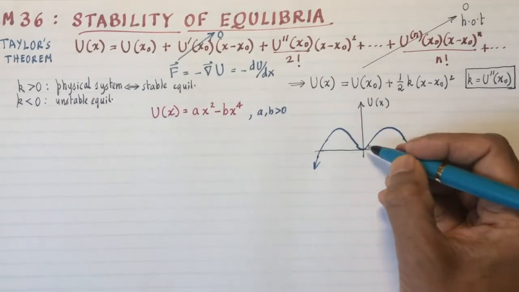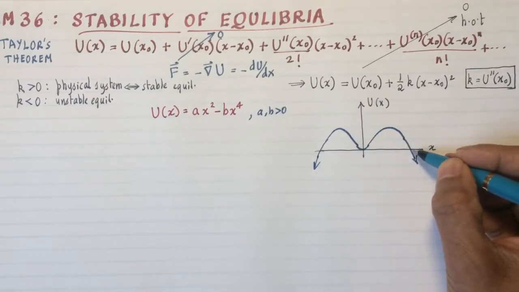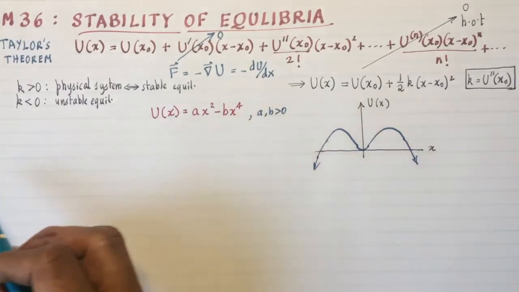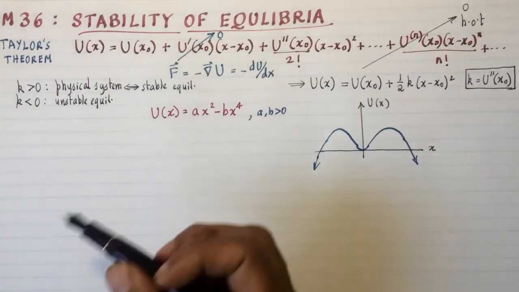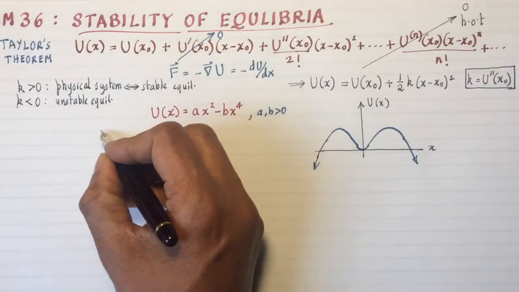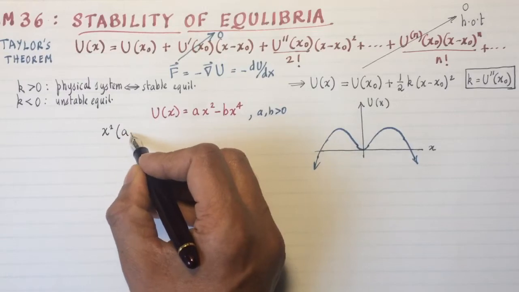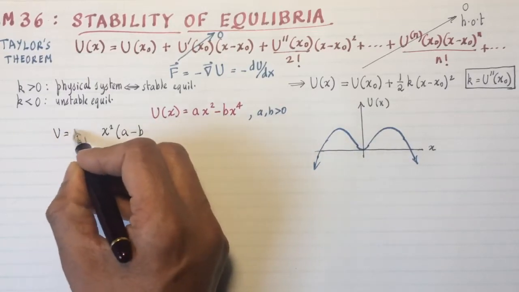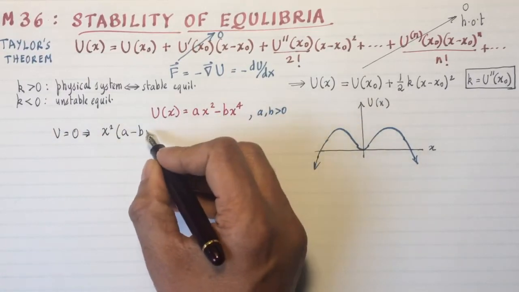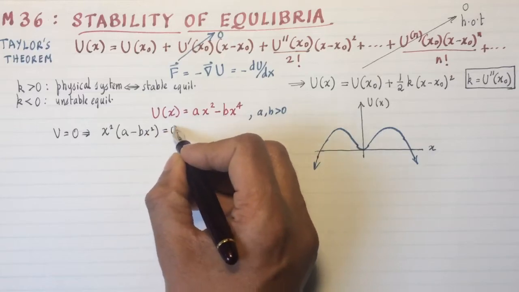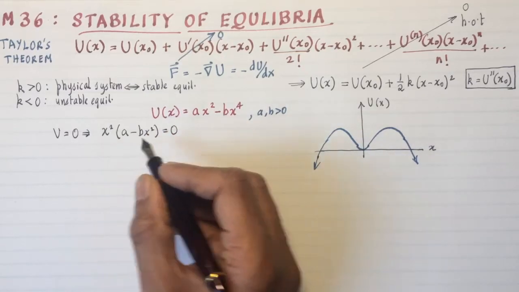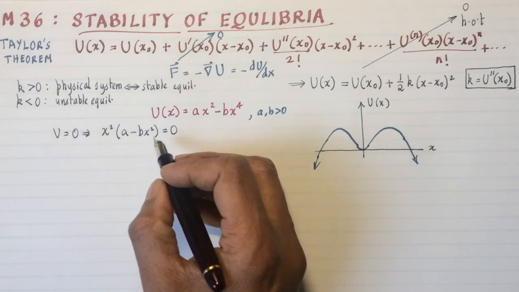So all this we got by just examining the asymptotic behavior of this potential. The exact values where it plunges to 0 can be found by simply solving the equation U equals 0. And if you did that, you'll get an equation that says x squared times (a minus b x squared) equals 0. So this is what I'm doing. I'm setting U equal to 0. And that tells me that x equal to 0 is a double root. That makes sense because it's curving up.